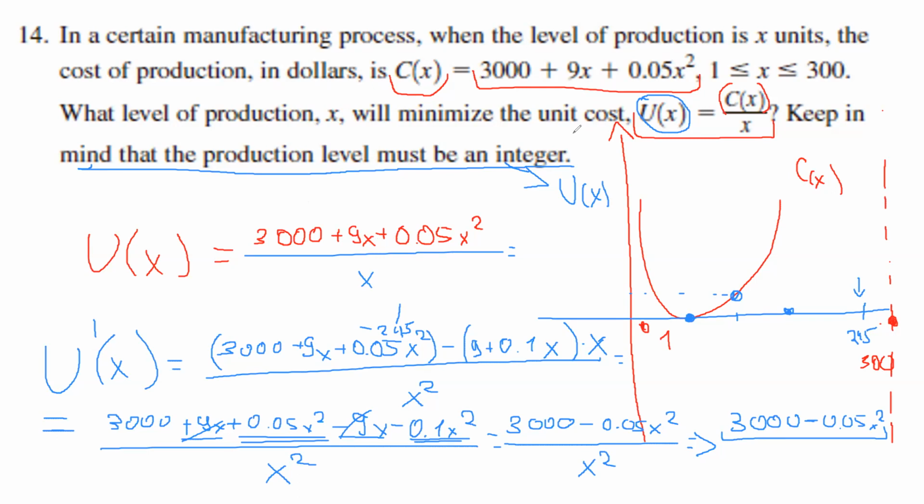33.5. Okay. And I would like you to think why it turns out the 245 looks like the best option for us. How would the unit cost function look like?